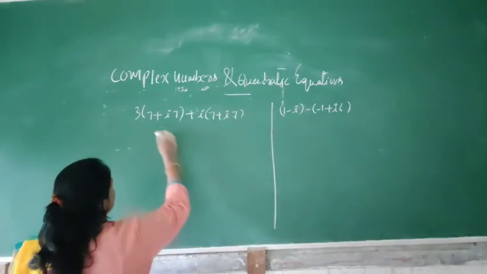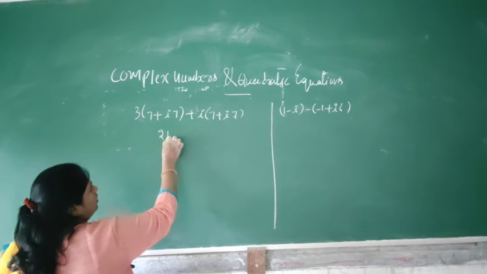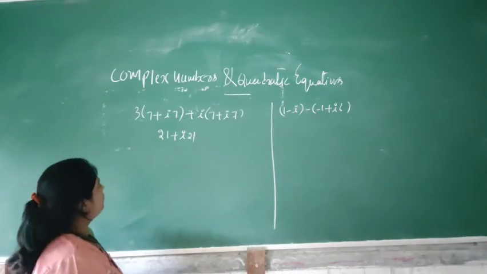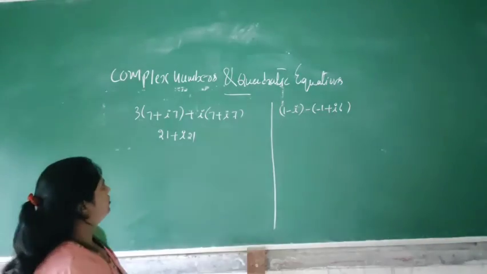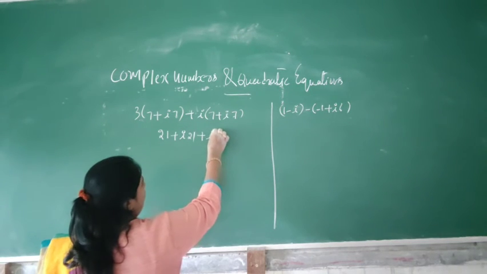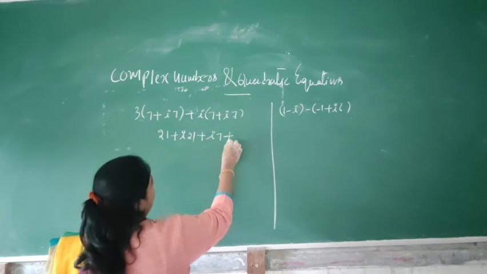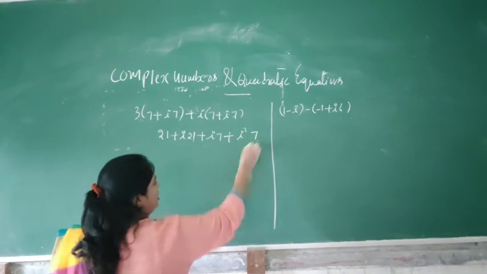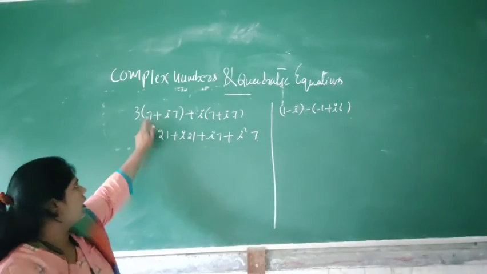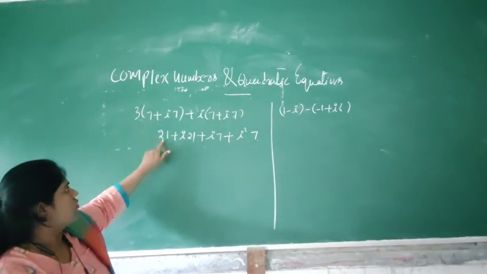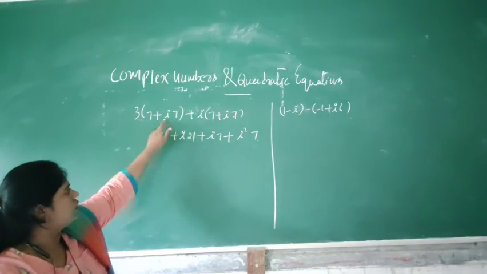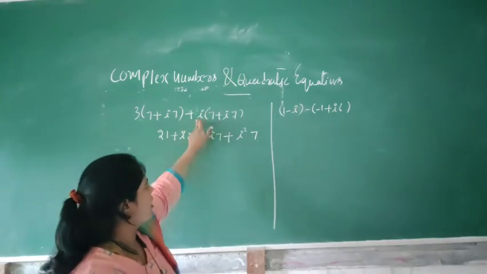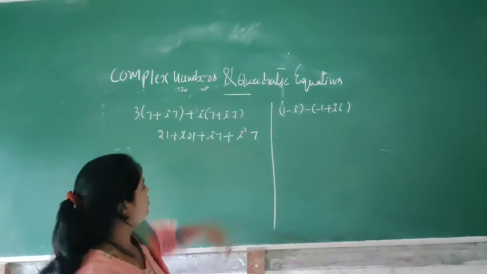You first multiply this. 7 3s are 21 plus 3i, 7 plus i 7. This one is 7i plus i square 7. Multiplication you have to be careful, okay? This one is 3 sevens are 21 plus 3 sevens are 21. i into 7 is 7i, plus i into i is i square into 7.